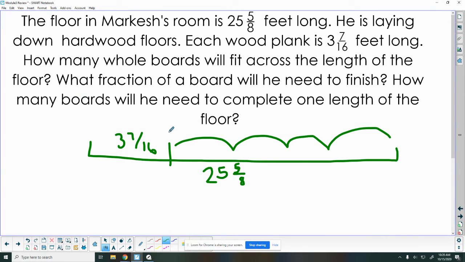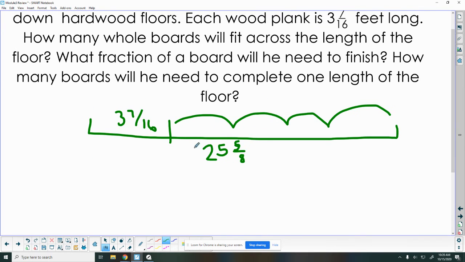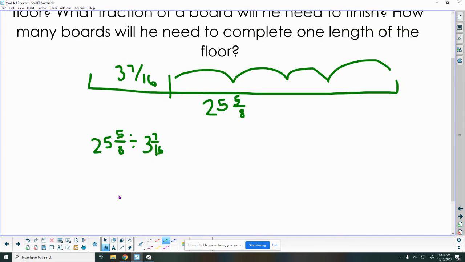I'm noticing a couple question marks here. So first, let's just solve our problem, and then let's go back and make sure we are answering all of our questions. So I know my total is 25 and 5/8, and we're dividing by 3 and 7/16. So I need to do some improper fractions here.